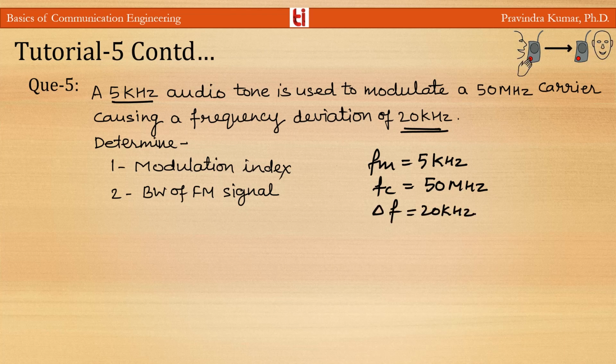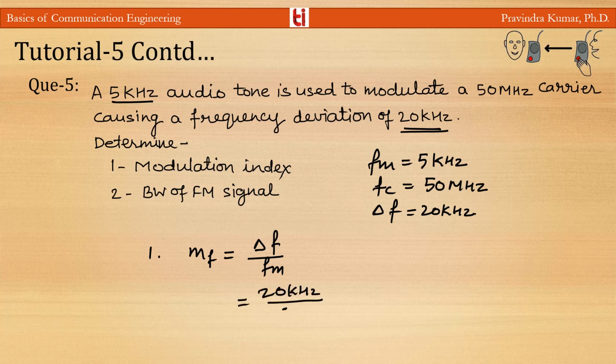The modulation index mf is equal to Δf by fm, which is 20 kilohertz divided by 5 kilohertz, so it will be equal to 4. The modulation index is greater than 1, so we can say this is wideband FM.